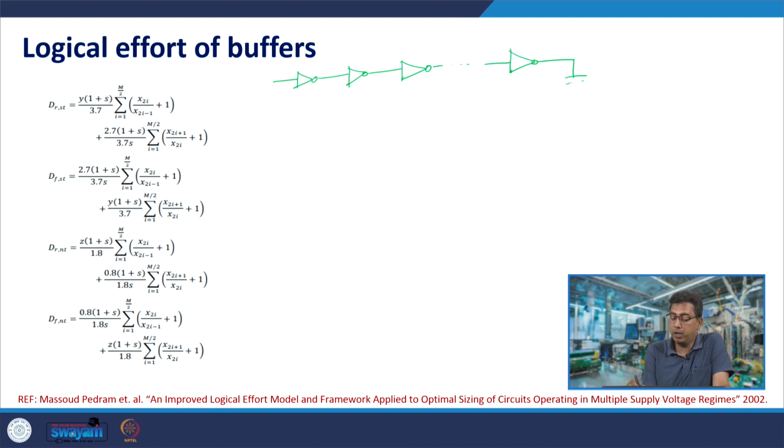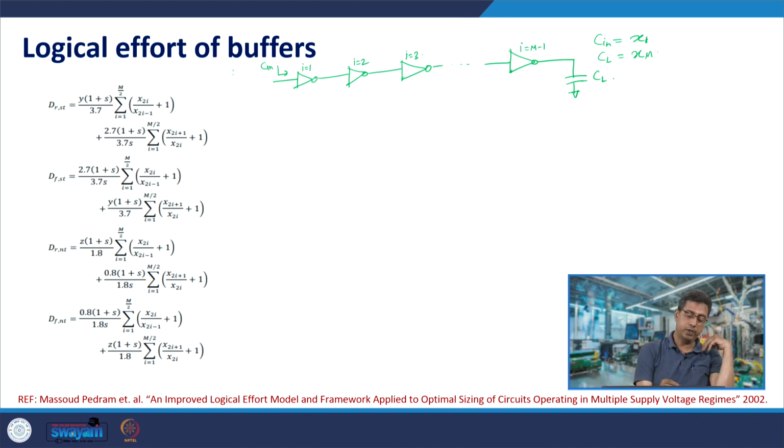Suppose this is driving a load capacitance. Let us call C in as X1 and CL as Xm. M could be the number of stages, but M could be odd or even. This is i equal to 1, i equal to 2, i equal to 3, i equal to M minus 1.